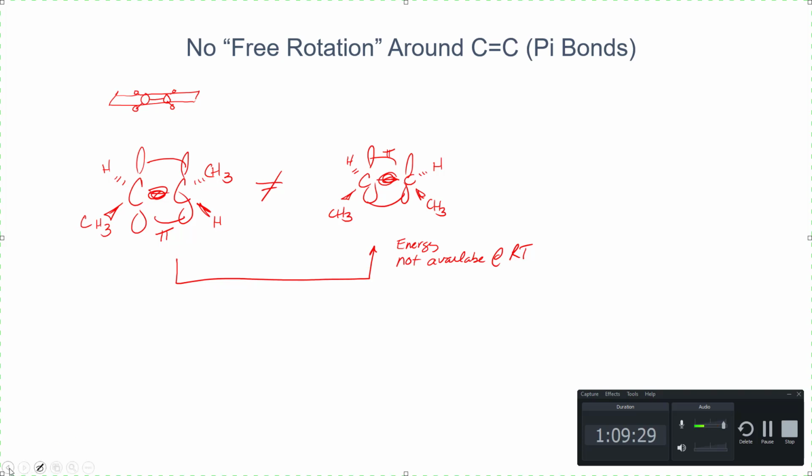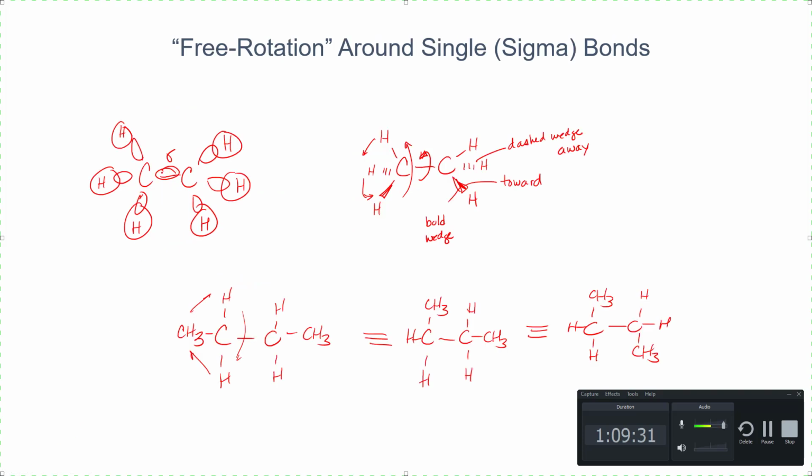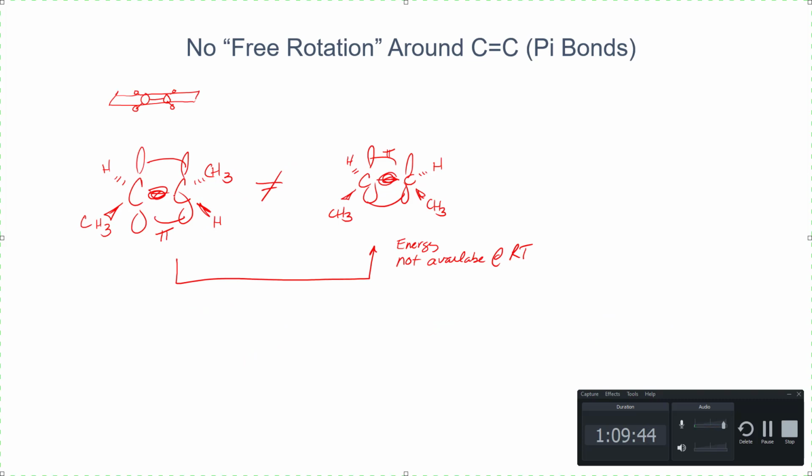In the case of the carbon-carbon sigma bond only, at room temperature, there's more than enough energy to do that rotation. But when you have a double bond, you would have to break the pi bond and then rotate. And to break the pi bond takes far more energy than what's available at room temperature.